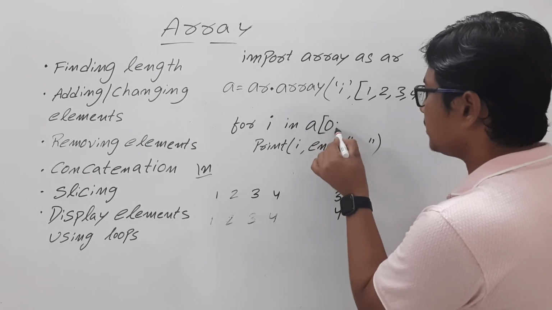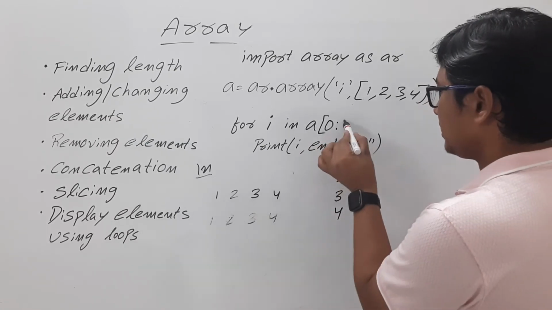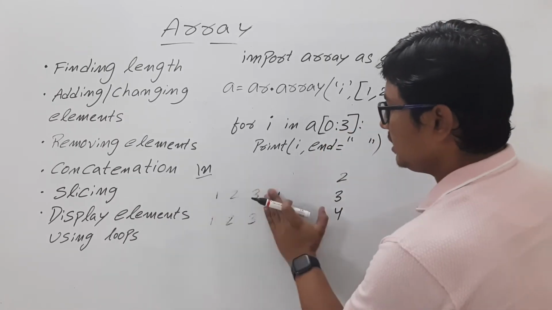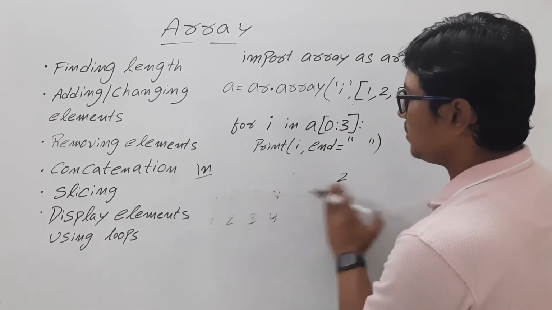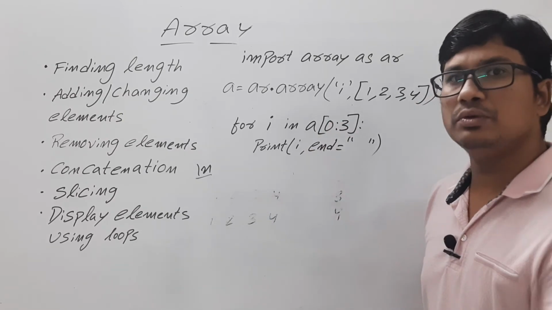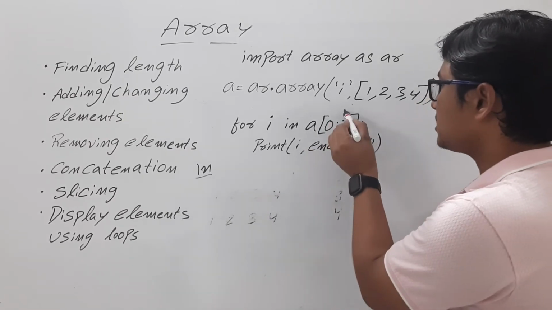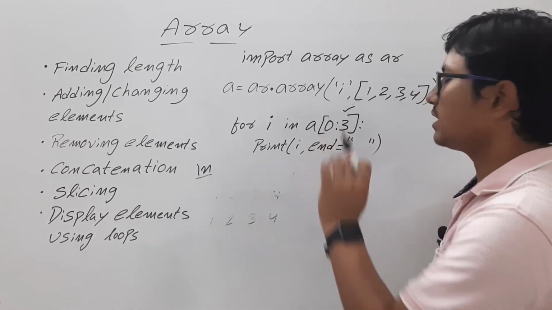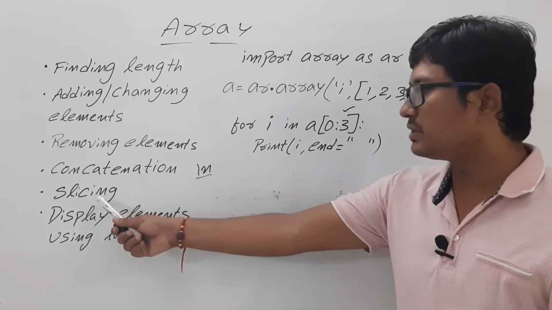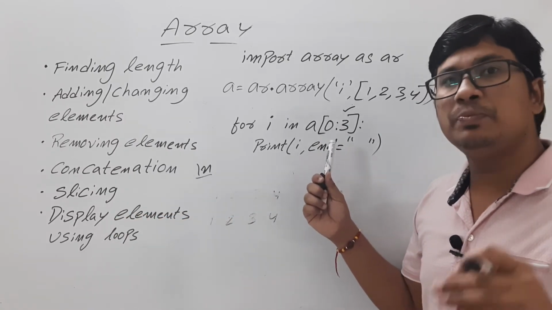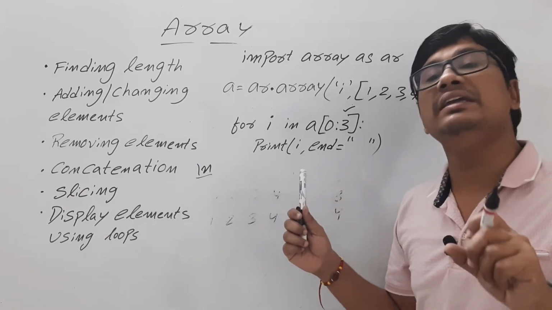Suppose I give 0 and then 3. The meaning is that you want to display the elements from the 0th index to the 2nd index. You may ask, sir, you are saying the ending is 3, but you are saying up to the 2nd index. I have already discussed in slicing: if you give the end as n, it will display up to index n minus 1.